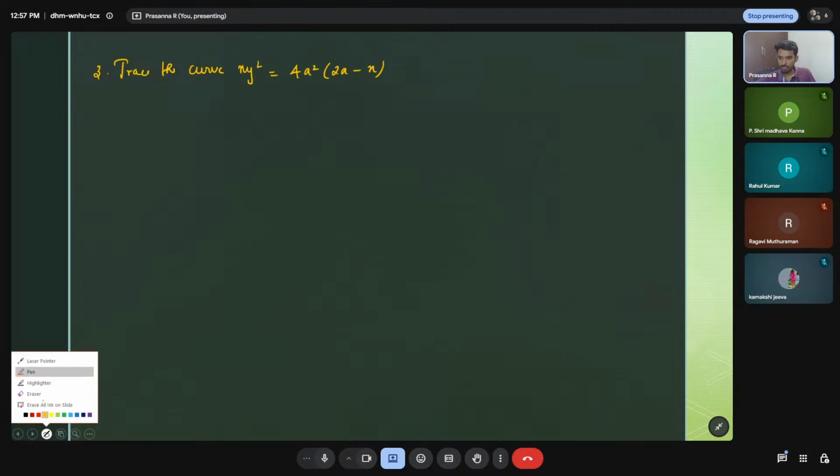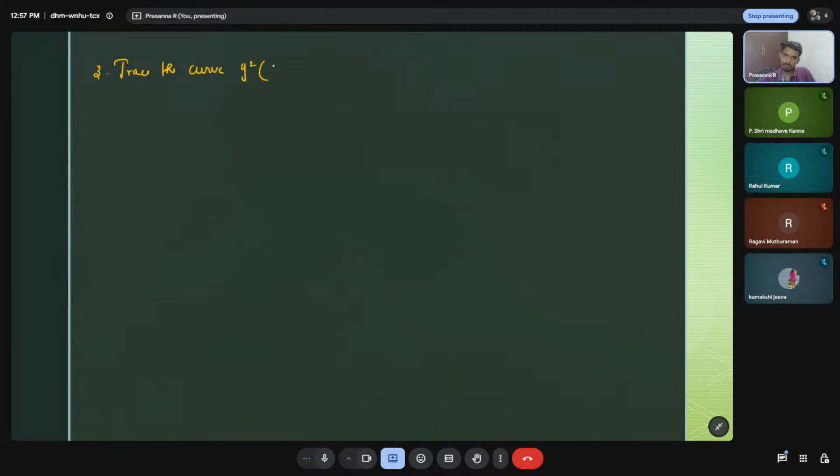Or I will do this problem: trace the curve y square into 2a minus x equal to x cube. Okay, so we'll trace this curve.